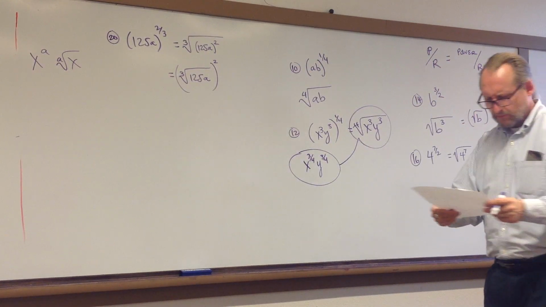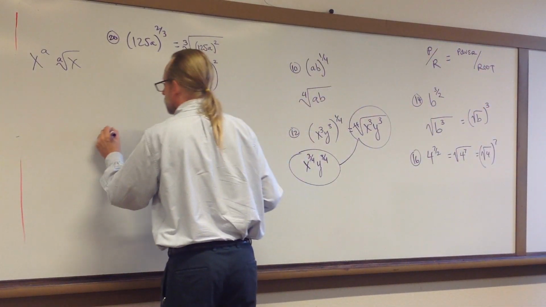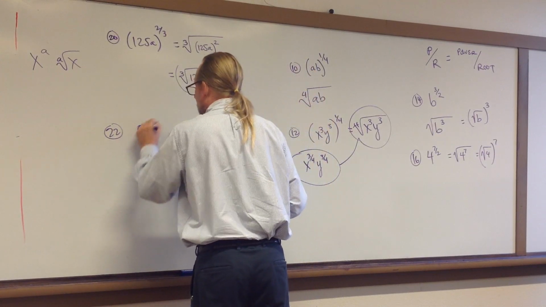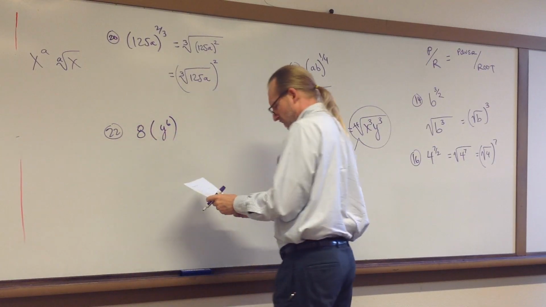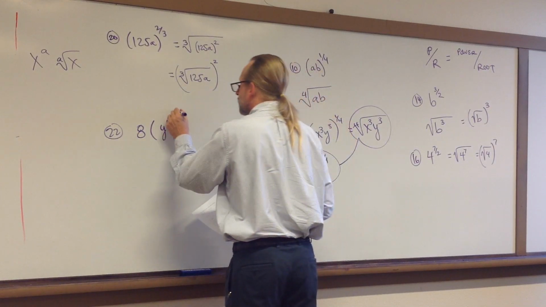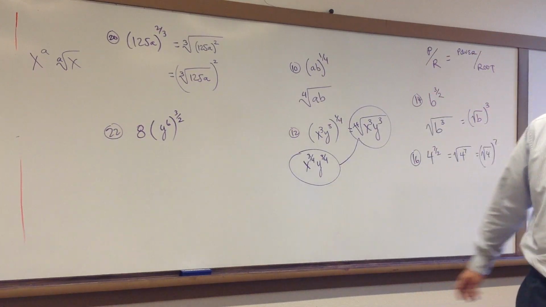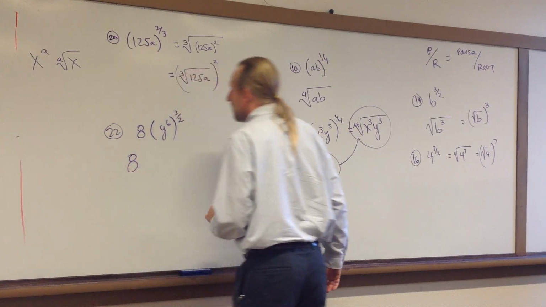Now, number 22 is a little bit tricky here. Notice that the 8 in problem 22 is outside of the parentheses, to the 3/2. So the 8 is not affected by that 3/2 power at all. Okay? It's going to be stuck outside.